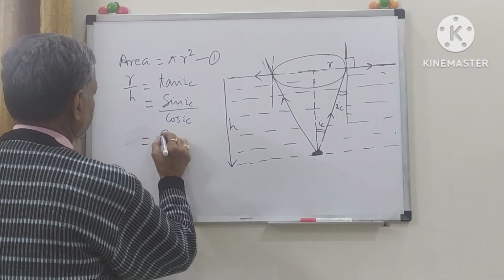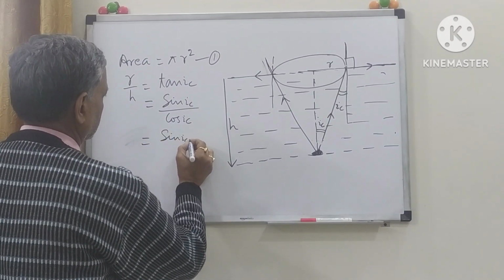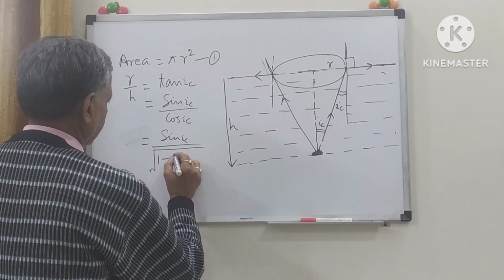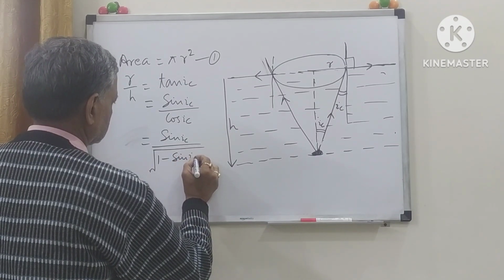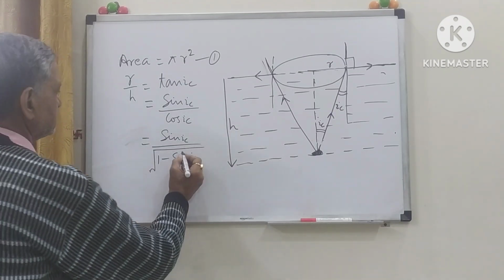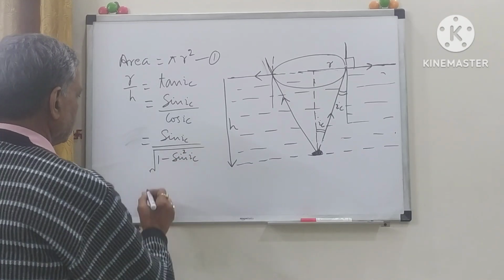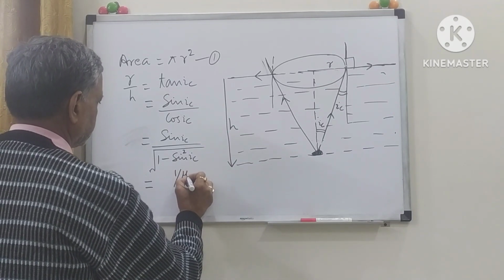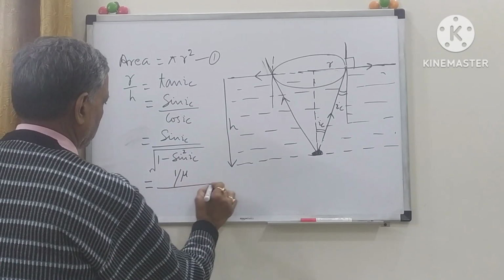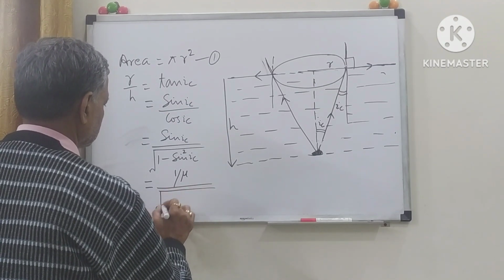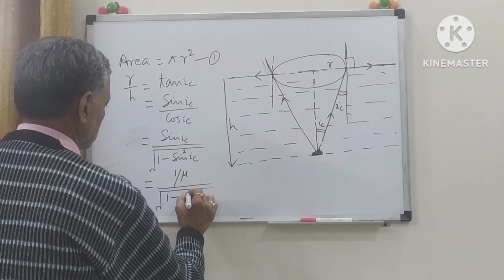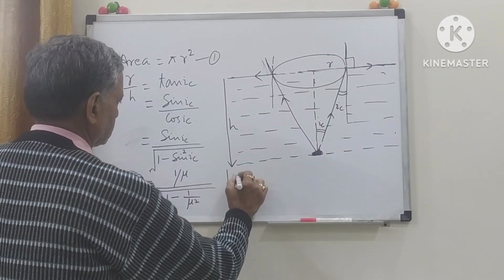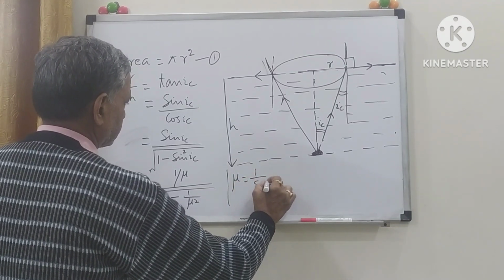And that is equal to sine of IC upon cos IC, meaning under root 1 minus sine square IC. Sine IC is 1 by mu, that we have seen in total internal reflection, upon root of 1 minus 1 by mu square, because mu is equal to 1 upon sine of IC, that we have seen.